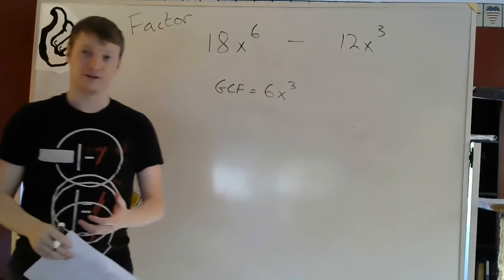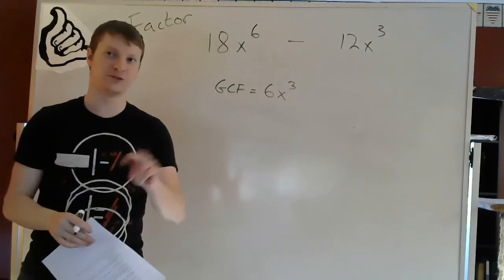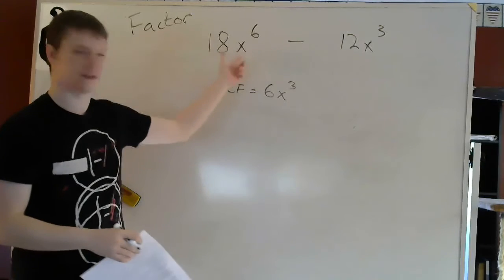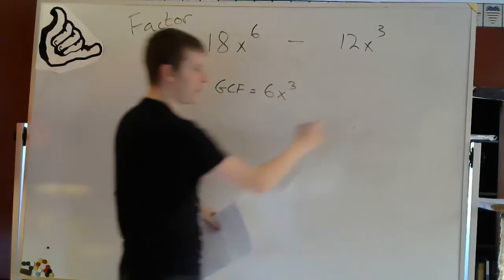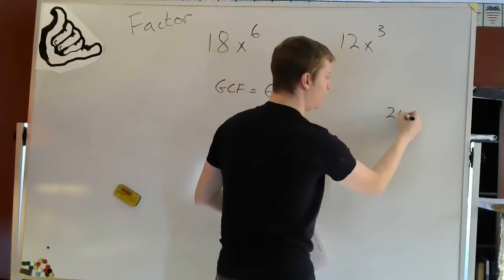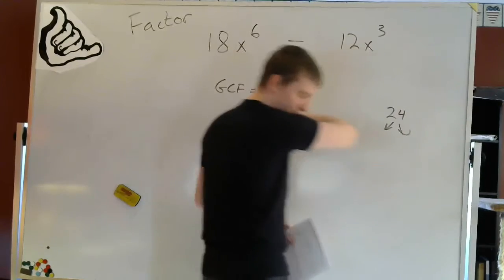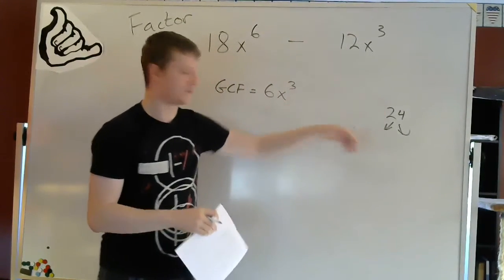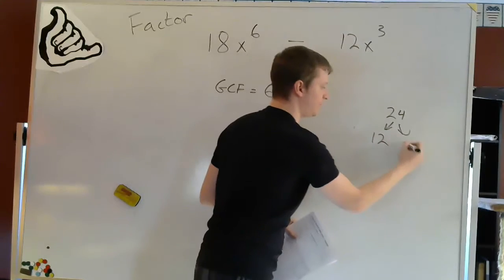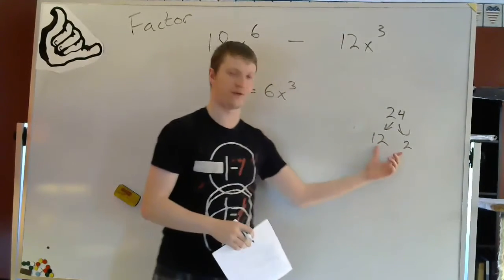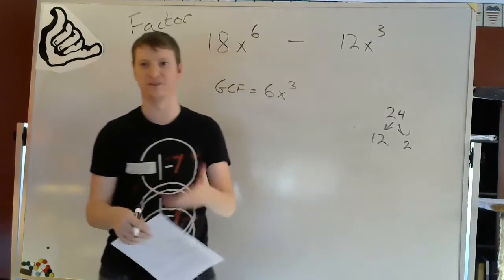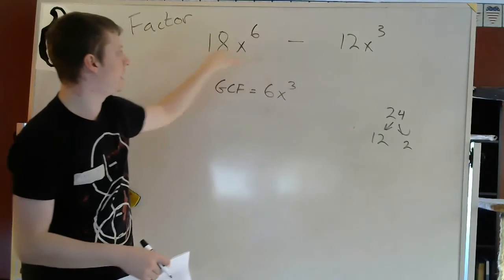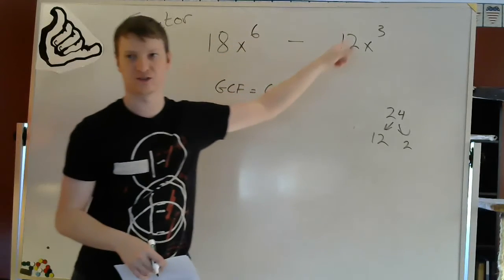To factor it, we're really trying to figure out what two things I could multiply together that give me this. Just like if I were to factor the number 24, I could say that 12 times 2 is 24. This is the factored 24. 24 is 12 times 2. What do I have to multiply together to give me 18x to the 6th minus 12x cubed?